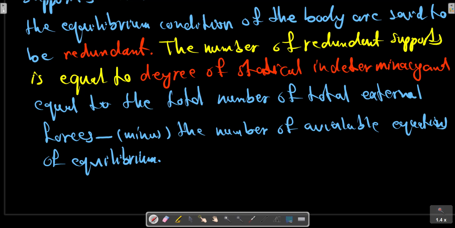The problems on equilibrium in this article and throughout statics are generally restricted to statically determinate bodies where the constraints are just sufficient to ensure a stable equilibrium configuration and where the unknown supporting forces can be completely determined by the available independent equations of equilibrium.